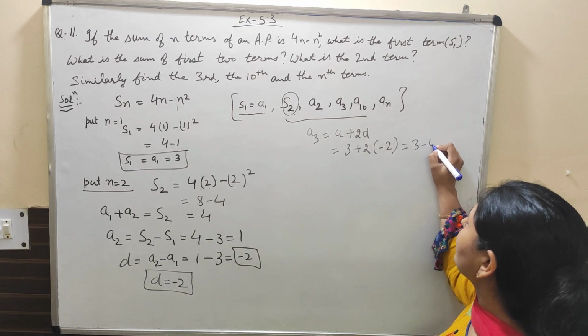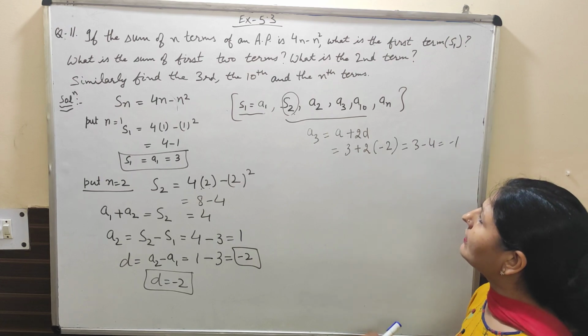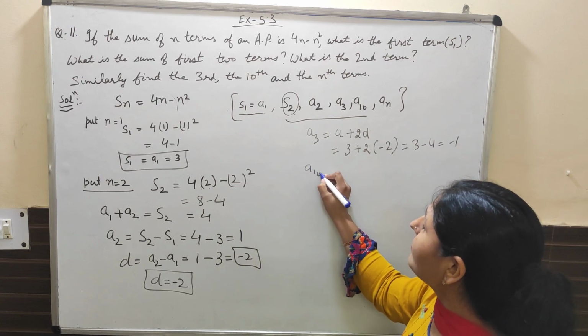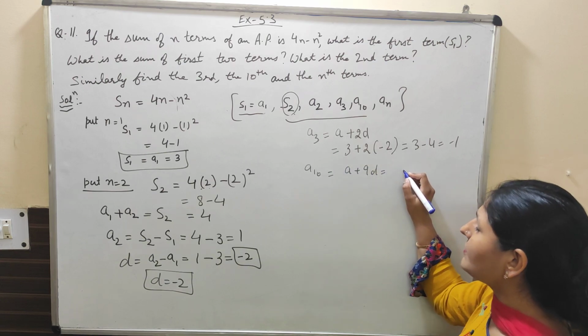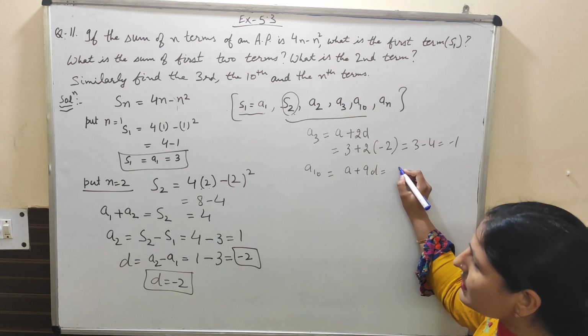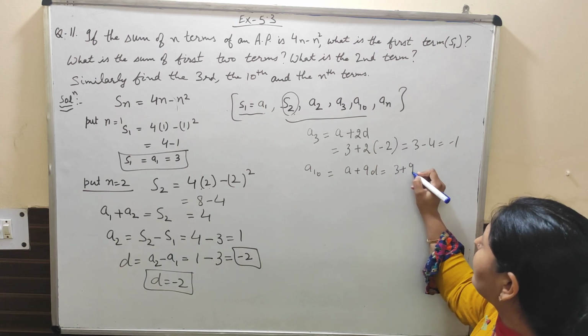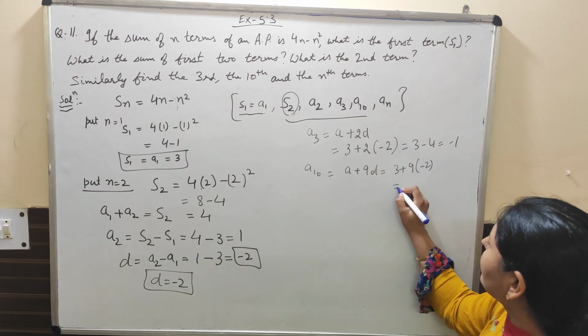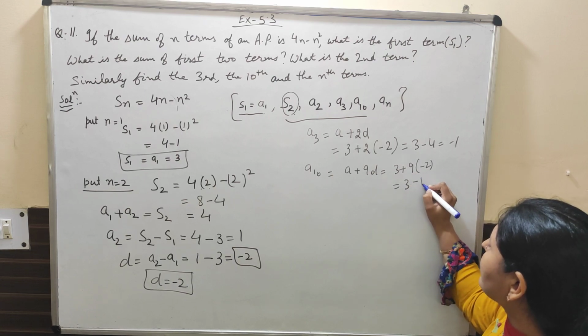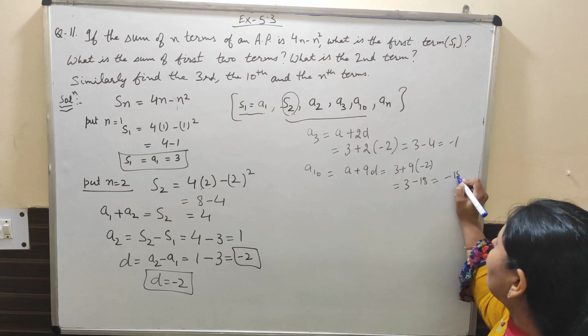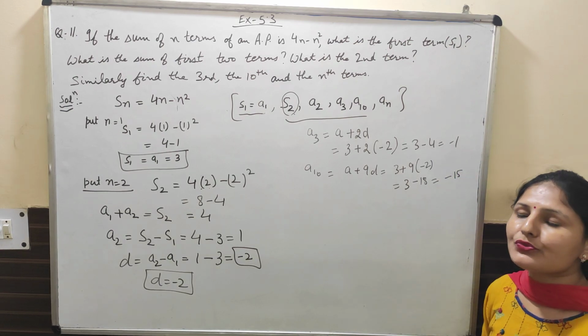Then you will get 3 minus 4, which is minus 1. Now the 10th term will be A plus 9D. Put the values. A is 3, D again minus 2. Then 9 into minus 2 is minus 18, and A10 will be minus 15.